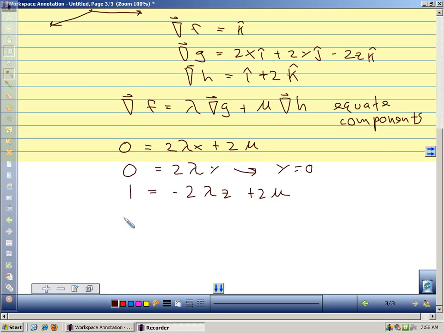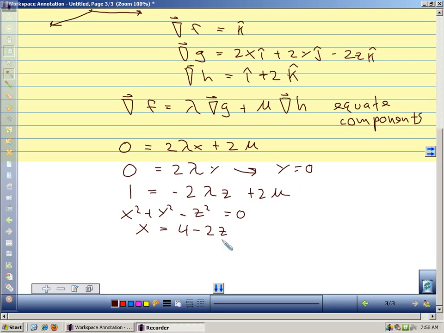We also know that x squared plus y squared minus z squared equals 0, and from our equation of the plane, x equals 4 minus 2z. So these are our Lagrange multiplier conditions, and these are our constraints.